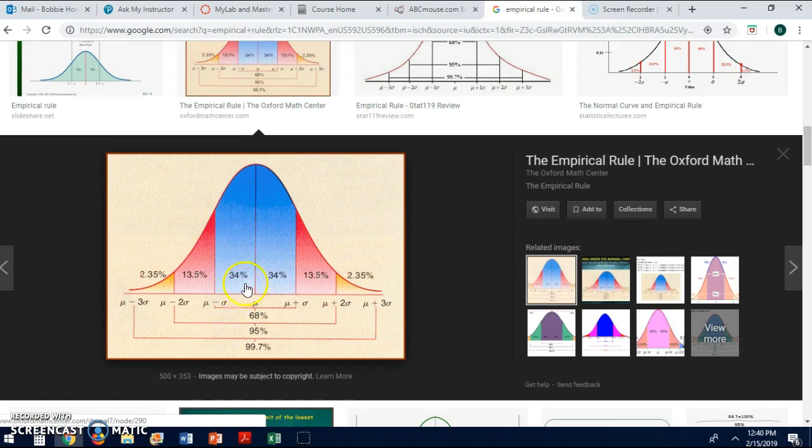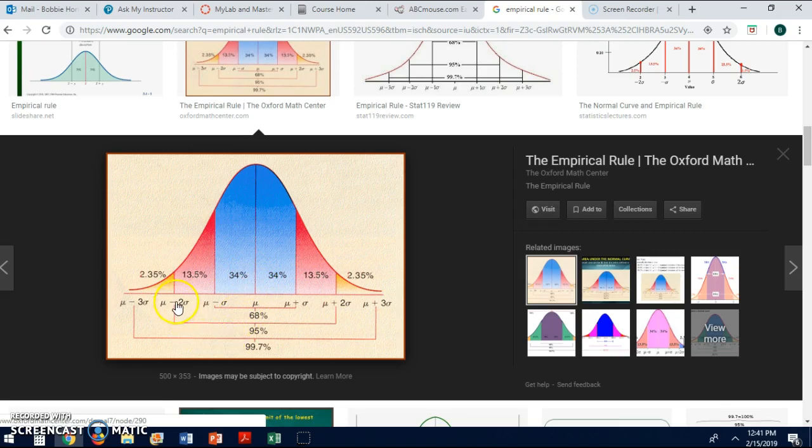Basically, what the empirical rule says is 68% of data values fall within one standard deviation of the mean. So a majority of your numbers will be one z-score or less away from the mean, so fairly close. This is assuming that it's a bell-shaped curve with no outliers.